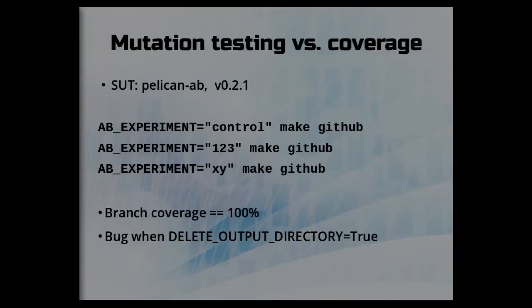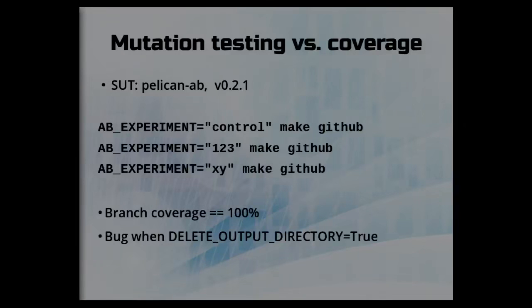The way to use this software is to define the AB experiment variable in the shell and run the make command. If you run make GitHub, then the site gets rendered, and everything's published directly to GitHub. The way to render several versions of your website is first start with the control version, and then name each experiment by name, and run make in a sequence like shown on the screen.